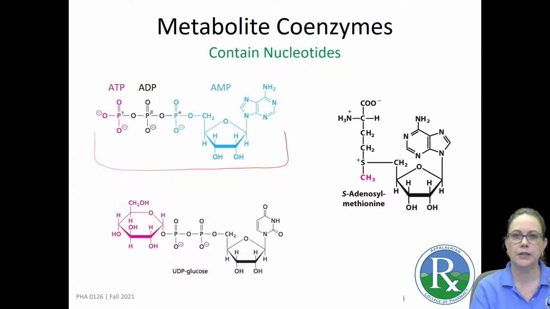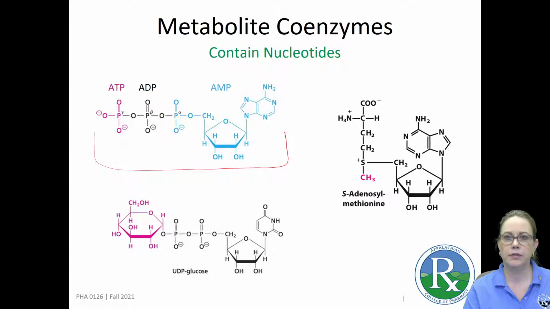If we have a second phosphate, that's our ADP. And then if we add the third pink phosphate, that's the structure of ATP. So this can serve as a phosphoryl group donor. We also said it can possibly even donate adenylyl groups. But right now we're just trying to get the structures.